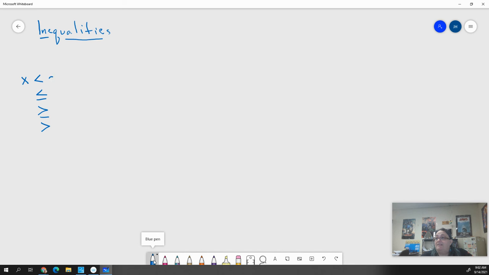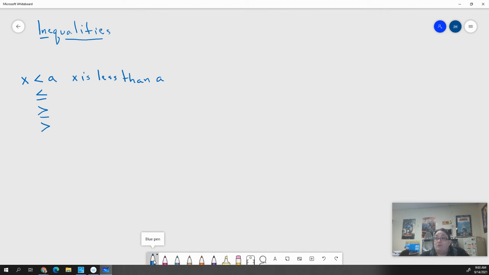If I have X on the small side and A on the big side, I'm saying that X is less than A, right? The small side is the side that's less. So if the small side was pointing at the A, it would be A is less than X.